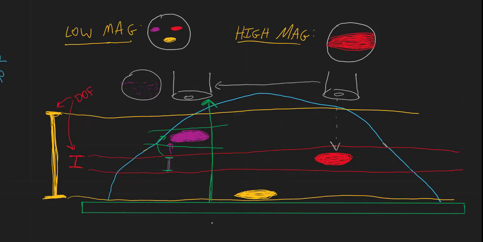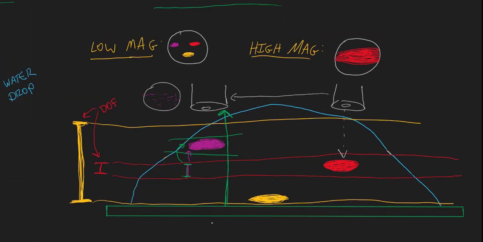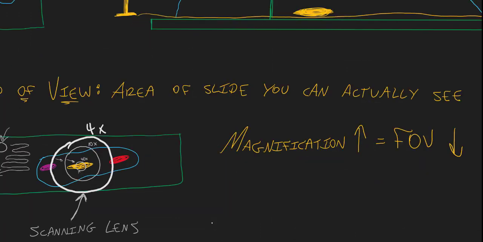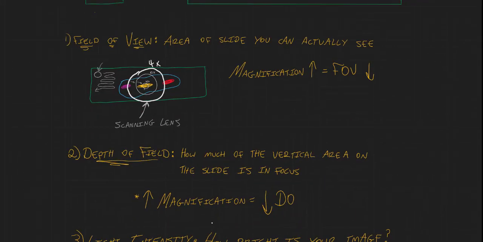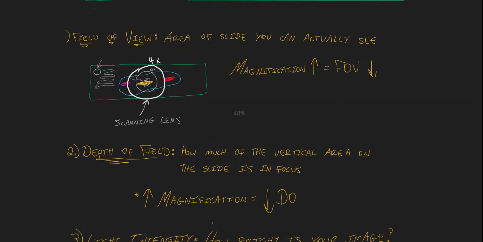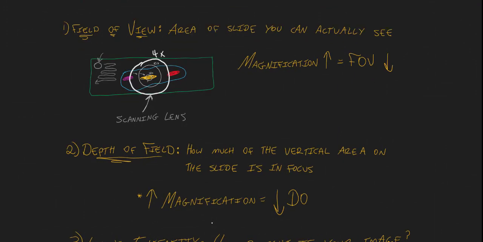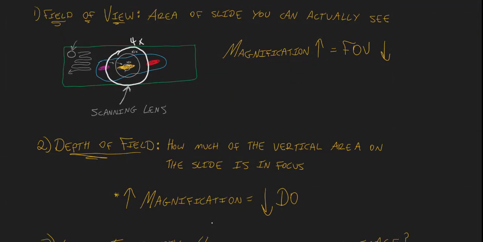So far we have seen that field of view, the area of the slide you can actually see, is inversely related to magnification. You see now too that depth of field, how much of the vertical area on the slide is in focus, is also inversely related to magnification.